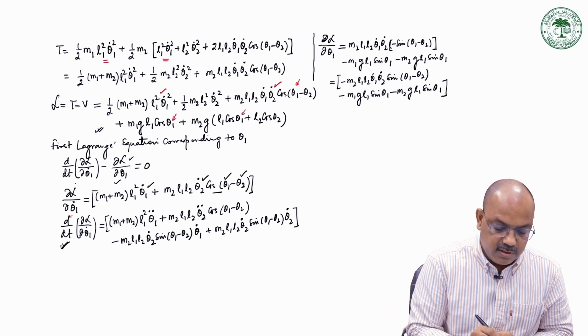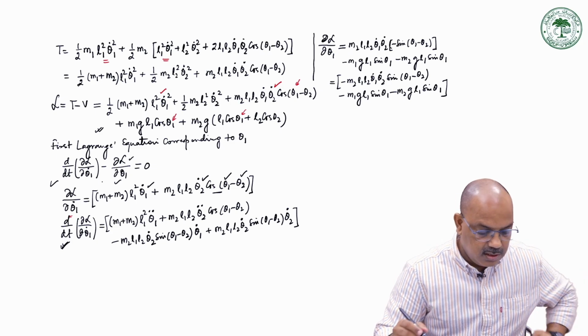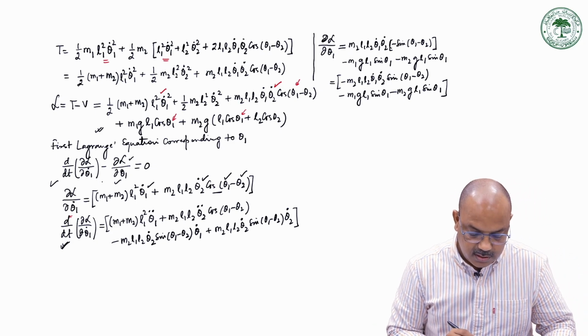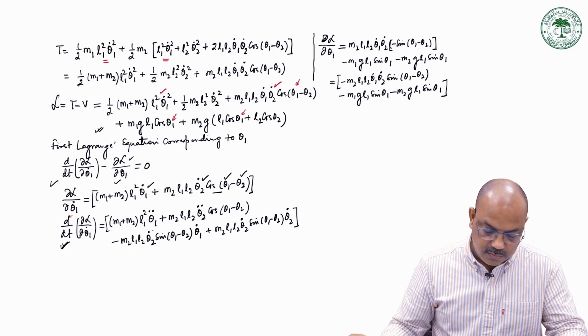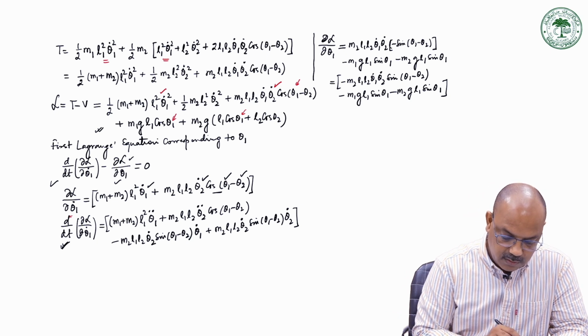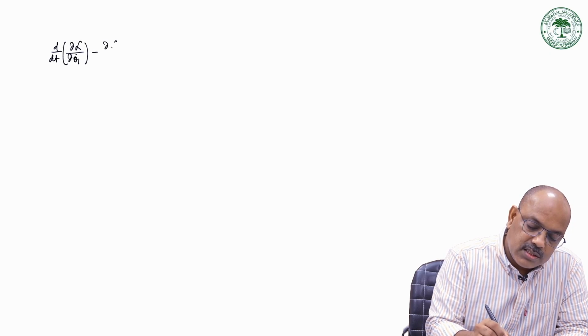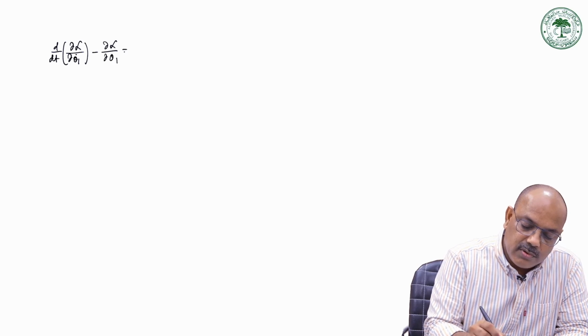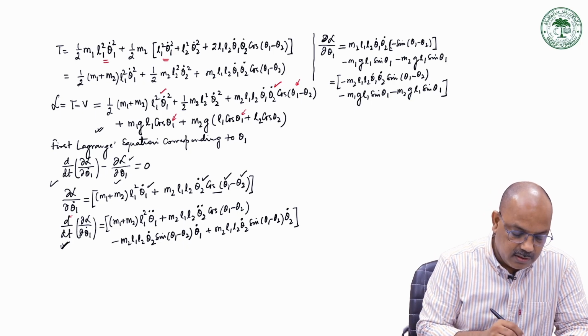Once I have this term and this term, I can write the Lagrangian equation. This is d dt of delta L by delta theta 1 dot minus delta L by delta theta 1 equal to 0. So I'm going to have this m1 plus m2 L1 square theta 1 dot.